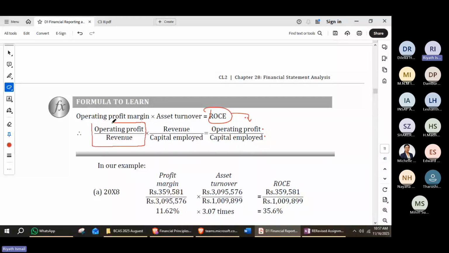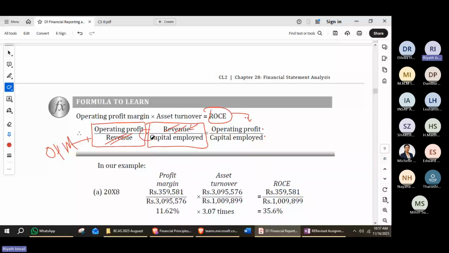So what is this formula? Operating profit margin. This is asset turnover: revenue, meaning sales, over capital employed. You see revenue and revenue, so we cancel revenue, the sales.